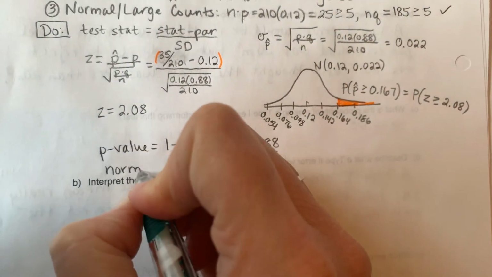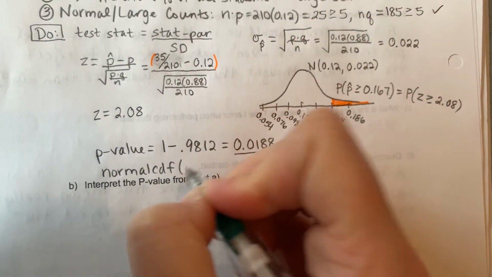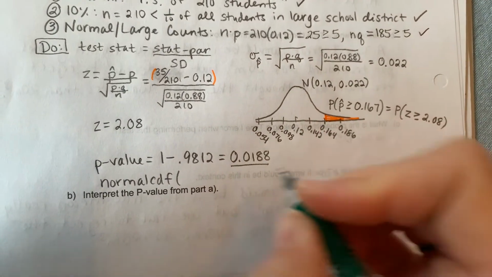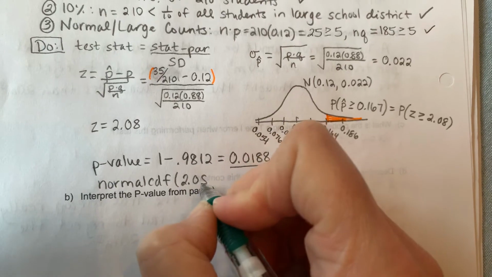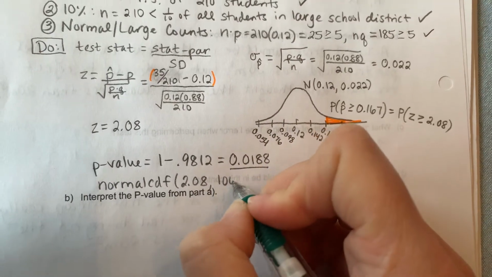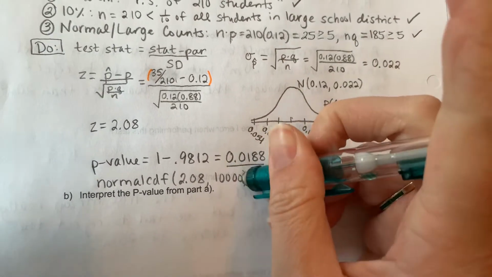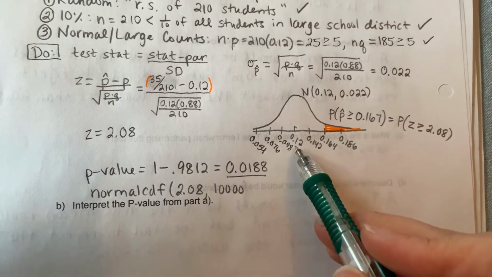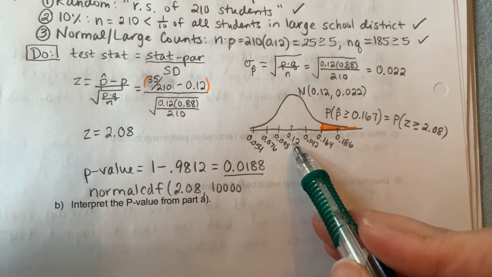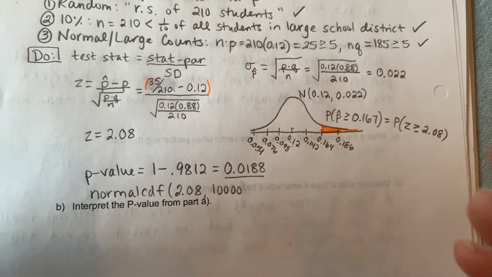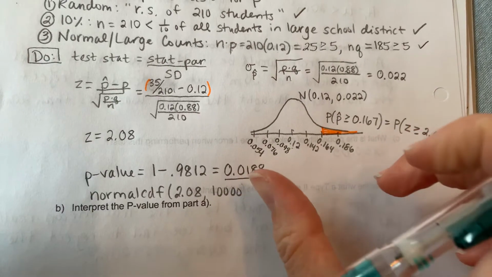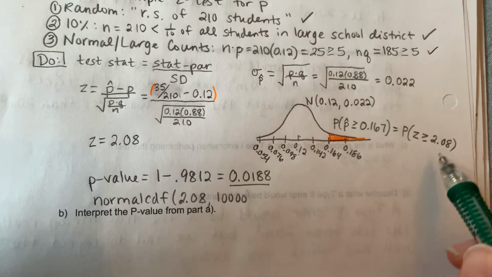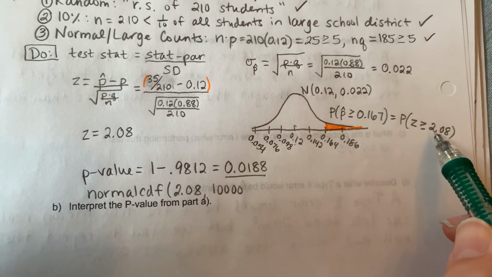Notice we also could have used the normal CDF function. If I use normal CDF, my left bound is my actual test statistic, so that's the 2.08, and my upper bound is going to be some really big positive number. Also, notice I drew this curve with the population proportion at the center, and then went up and down by standard deviations. This curve has the same area as the standard normal curve, where the center is 0, and we go up by 1 standard deviation at a time. That has a z-score of 2.08.